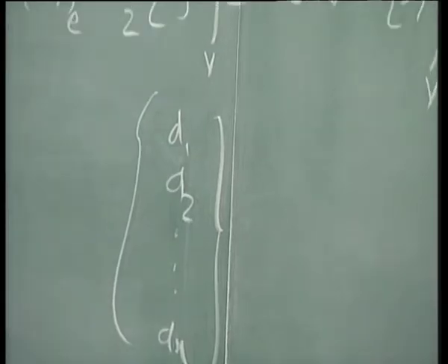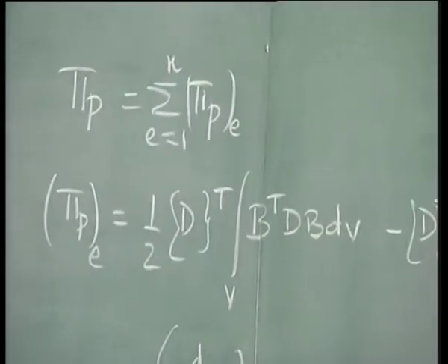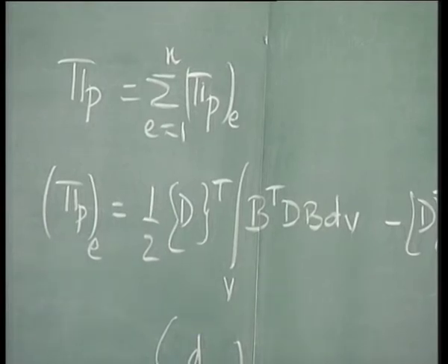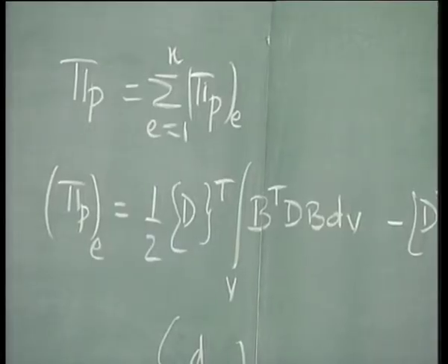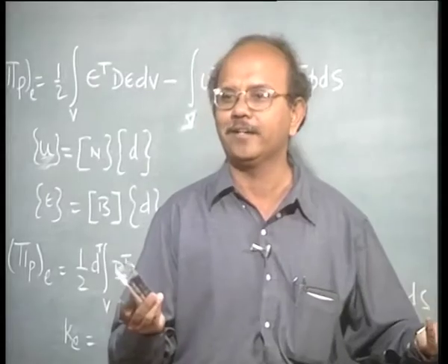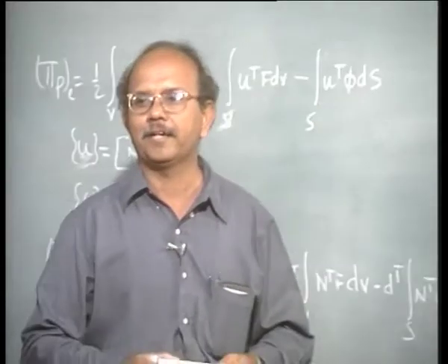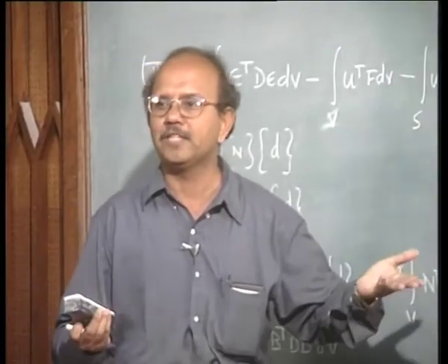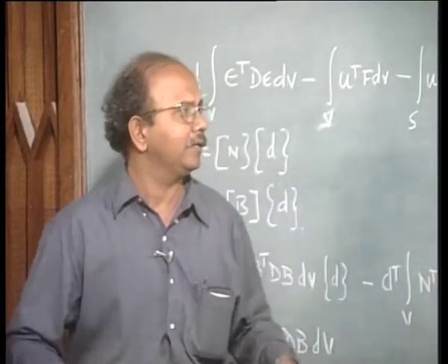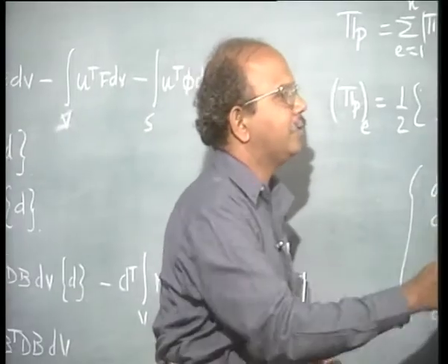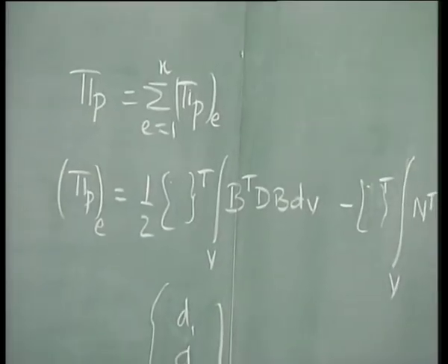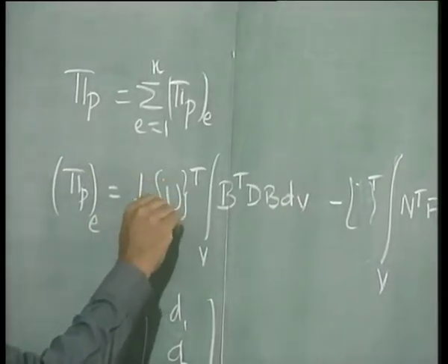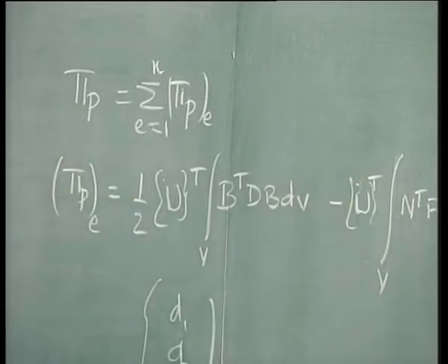Since it is confusing, I will replace that d by another term. Say for example, I will say u, but you should not confuse this u with strain energy u, because this is a vector. The position will indicate to you what it is, but since many people get confused, I can replace that vector by u, so that the confusion is solved.